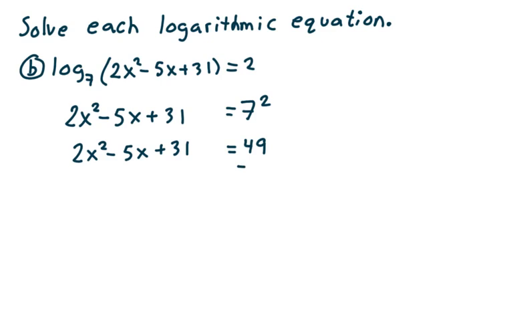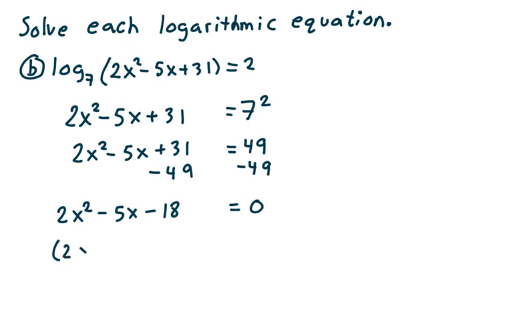So I'm going to subtract 49 on both sides, and we get 2x squared minus 5x minus 18 equals 0. Now, let's factor. I'm going to have 2x and x right here, right?